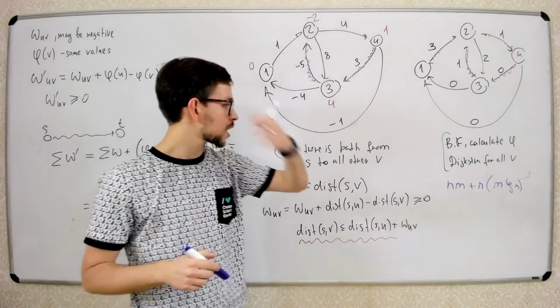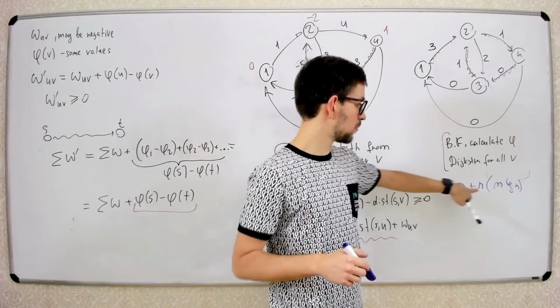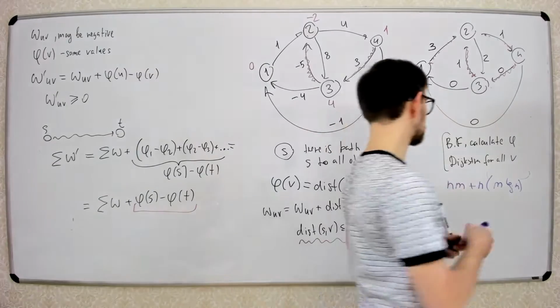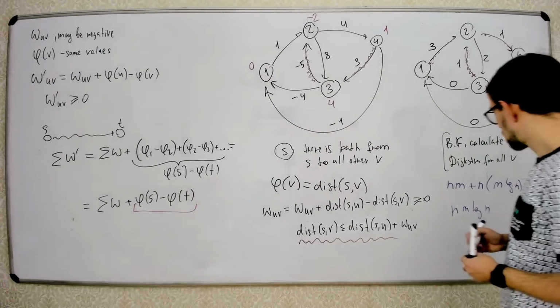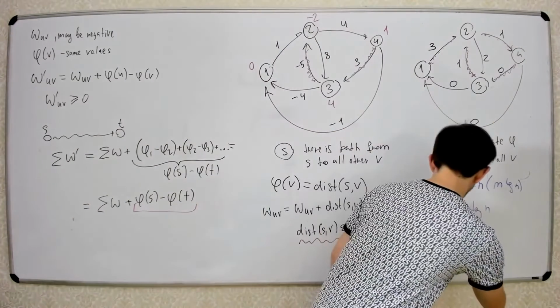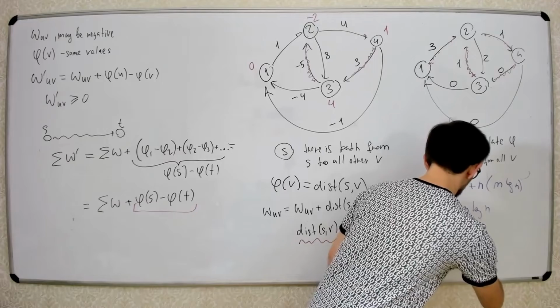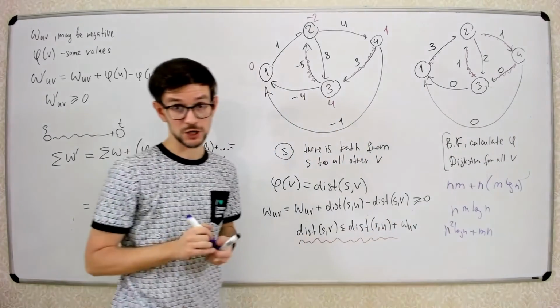Doesn't matter. The Dijkstra part will be larger than the Bellman-Ford part, so the total time complexity will be nm log n. Or if you use a Fibonacci heap, it will be n square log n plus nm.